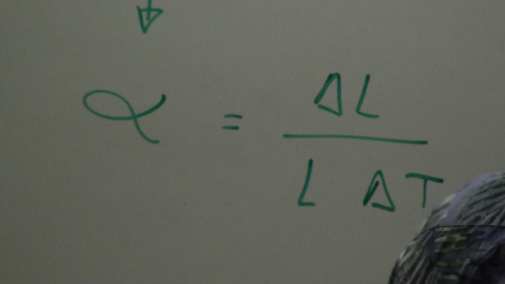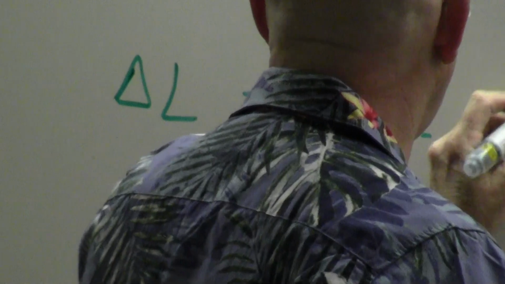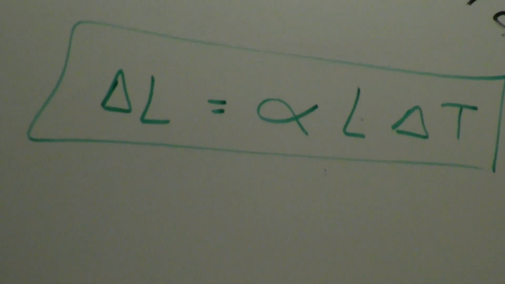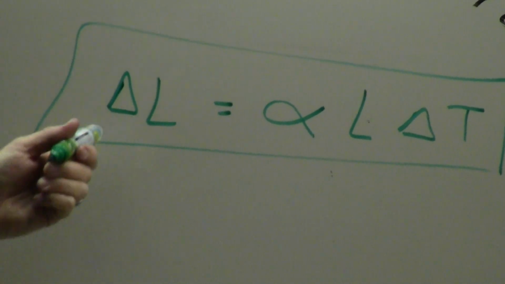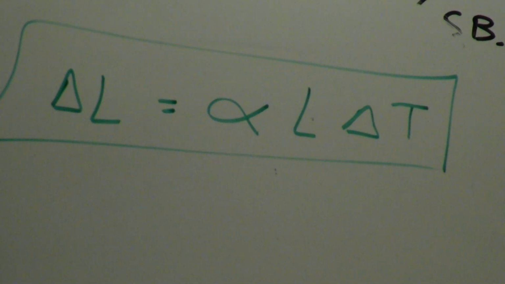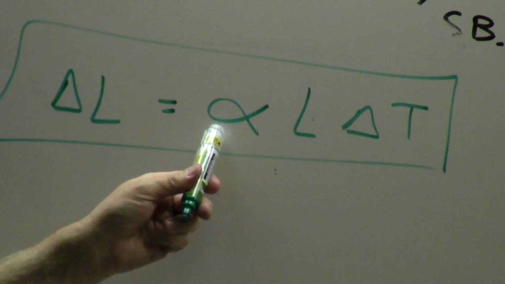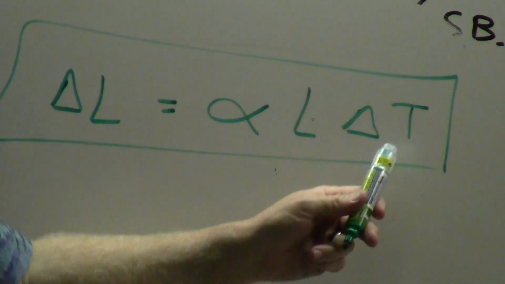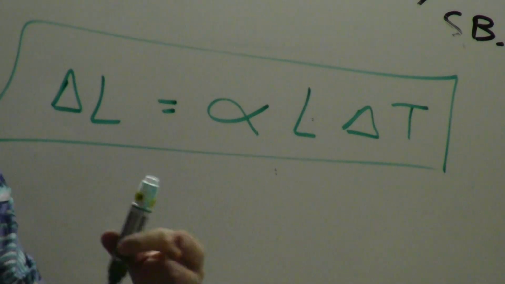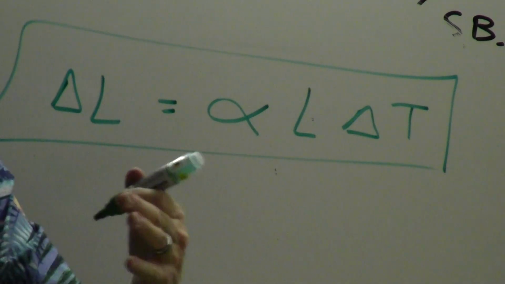I like to write it this way: delta L equals alpha L delta T. Partly because I prefer equations without fractions, but partly because this is how I would write it when I said this is how much it grows. This is the total. How much it grows depends upon the material, how much I warmed it up, and of course, how long it is, because each meter grows.